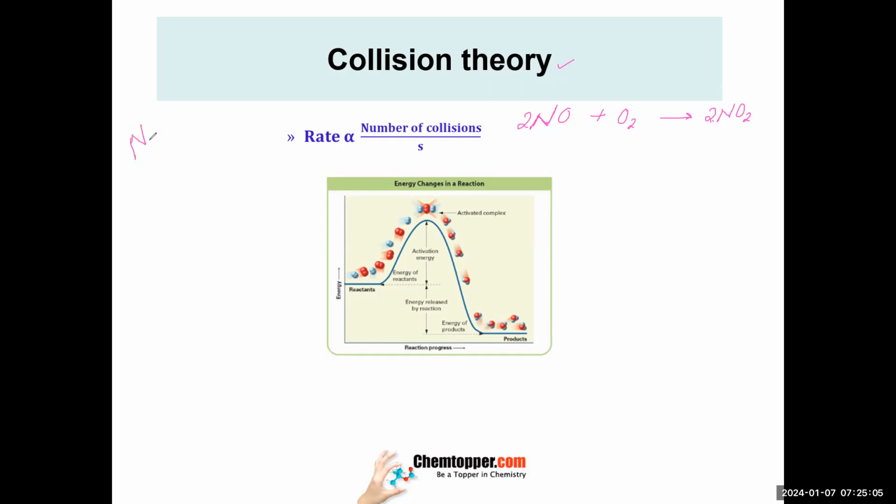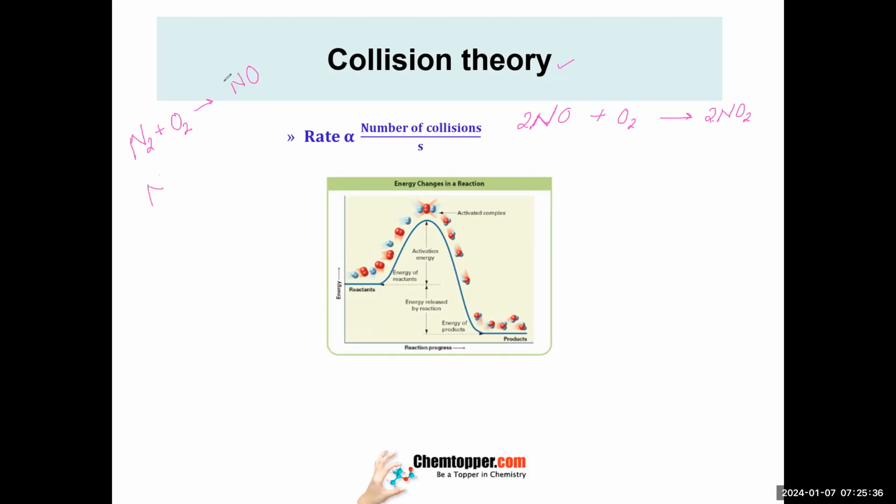N2, nitrogen gas in the air, reacts with O2 in the air. During thundering and lightning the temperature is raised. When you see the lightning and thundering, at that time the temperature of the clouds where it is happening is very, very high. So there N2, which is so unreactive, reacts with O2. At that time, it gets converted into NO.